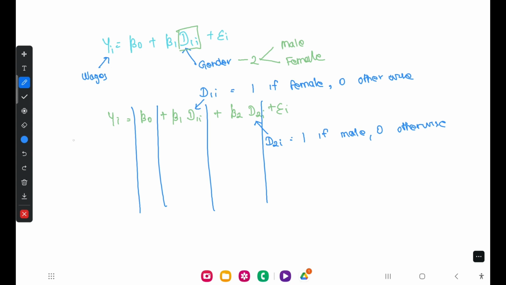I'm asking the first person, second person, third person, fourth person, and fifth person. Altogether, I'm interviewing 5 persons. I'm asking whether you're a male or a female, and after that, I'm writing down their earnings as well, that is the wages. So this is y1, y2, y3, y4, and y5. By default, this beta naught, which is a constant, we put 1.